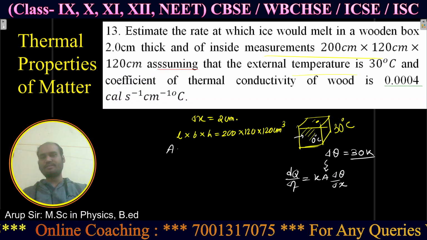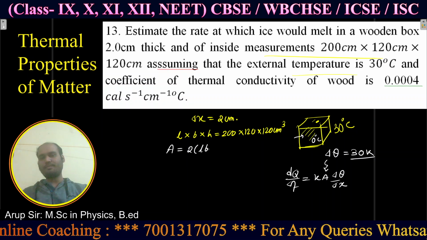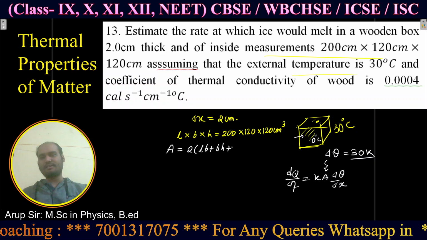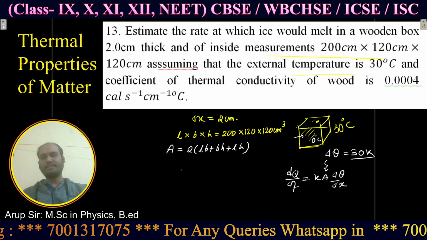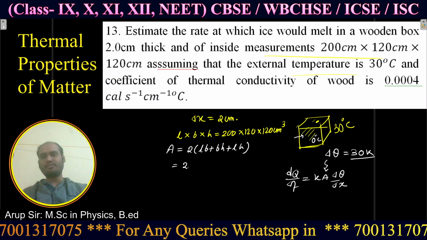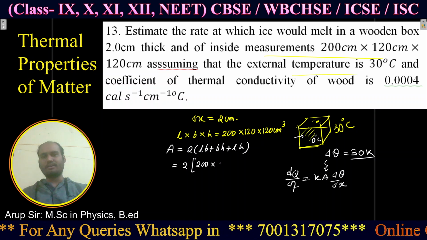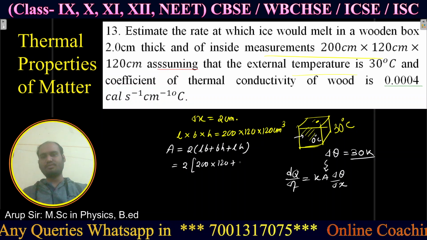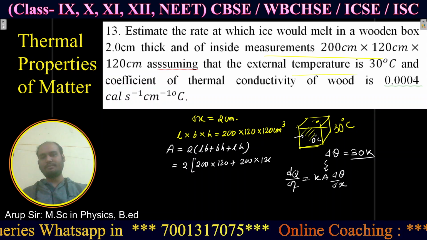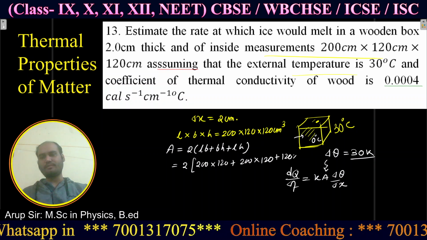So total surface area will be 2 into (LB plus BH plus LH). This is the formula. Now if you put this in, 2 into (200 into 120 plus 200 into 120 plus 120 into 120).